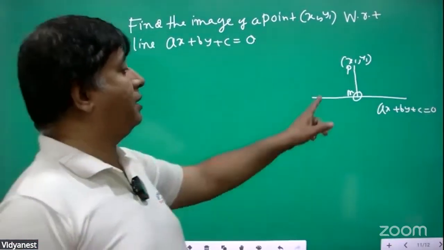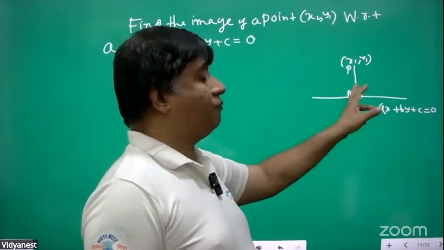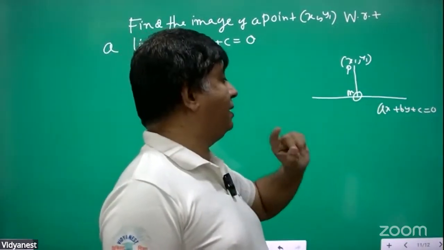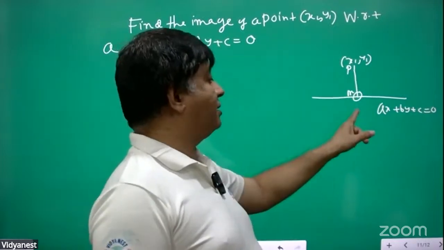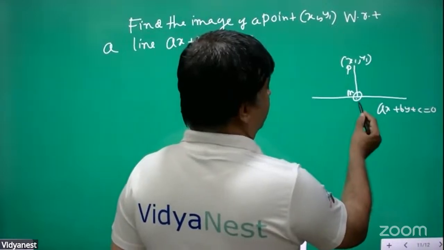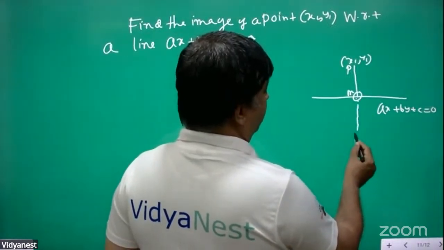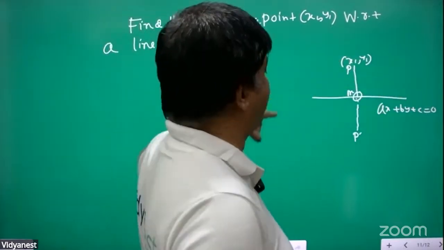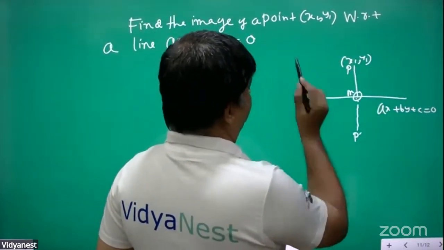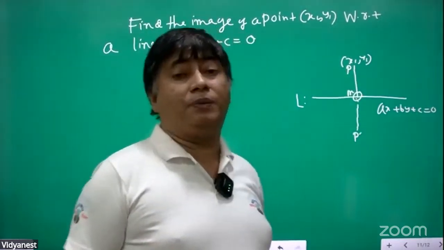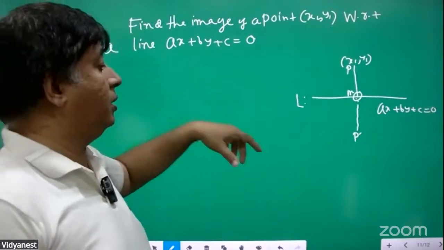Now we will find the slope and its product, and somehow I will get the point M. Then I will stretch it equally downwards. Say this is the image, P dash is the image. Once you get M by solving PM and this line L, M is the midpoint of P and P dash. So you will get the image.